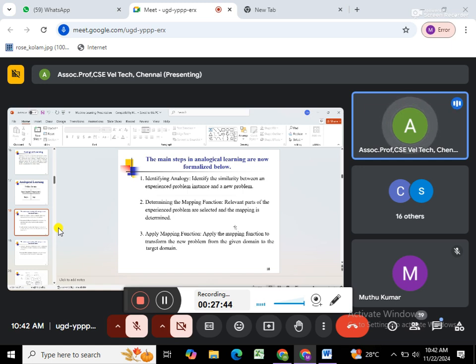For that we need mapping functions. How can we go for mapping functions? We take the already trained network, go for the input network, and go for mapping. What type of mapping are we doing, and selecting that, the mapping is determined. Having identified the mapping, we go for applying the mapping functions as well. New domain with the already existing domain, we have to find the target domain.